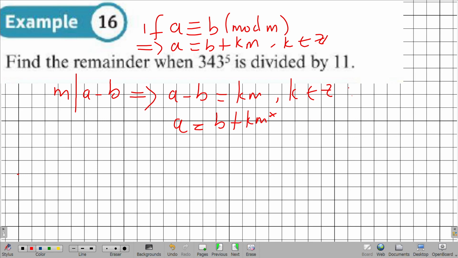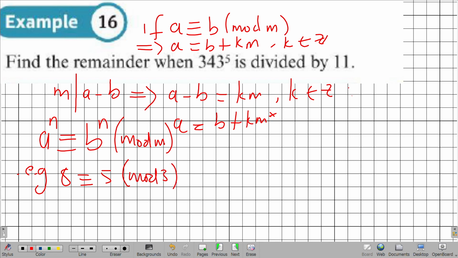We can extend this understanding to certain truths, which I can choose to call axioms. For example, A to the power of n is also congruent to B to the power of n under the same mod M, with M as the divisor. So if 8 is congruent to 5 under mod 3, as in the example I just explained, then 8 squared is also congruent to 5 squared under the same mod 3, because 64 divided by 3 gives the same remainder as 25 divided by 3.